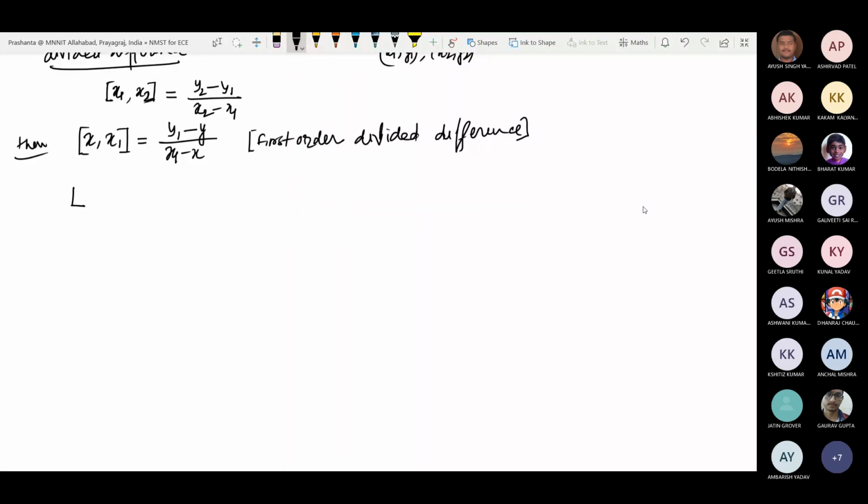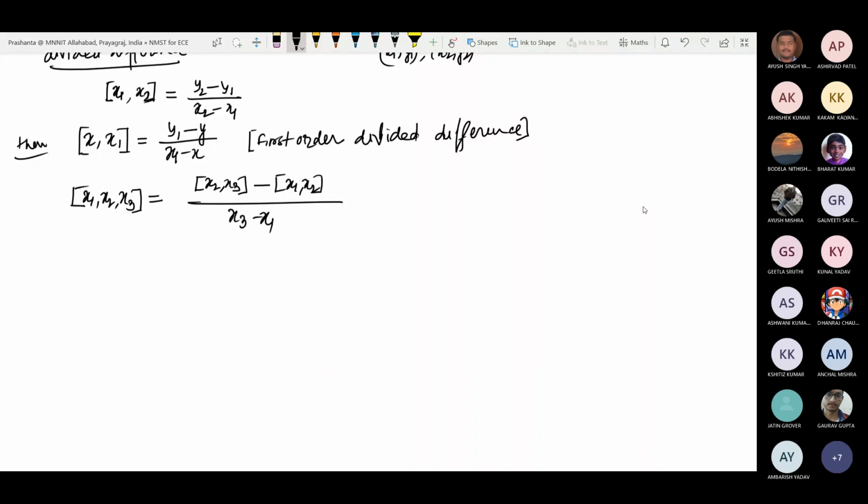If I write 3 points x1, x2, x3, the data points are x1, y1, x2, y2, x3, y3, then their divided difference is called the second order divided difference. It is defined as the divided difference of the last two data points x2, x3 minus the divided difference of the first two x1, x2, by the last node minus the first node, that is x3 minus x1.